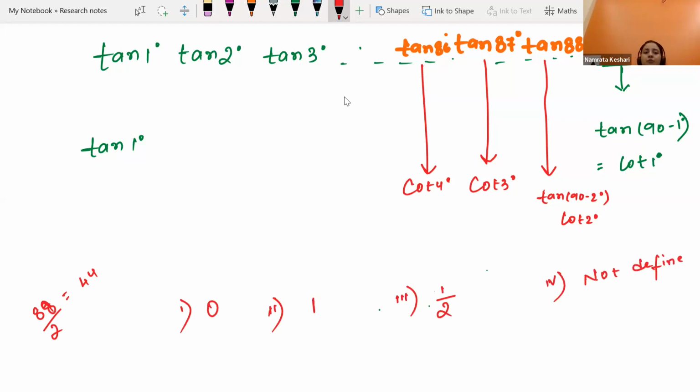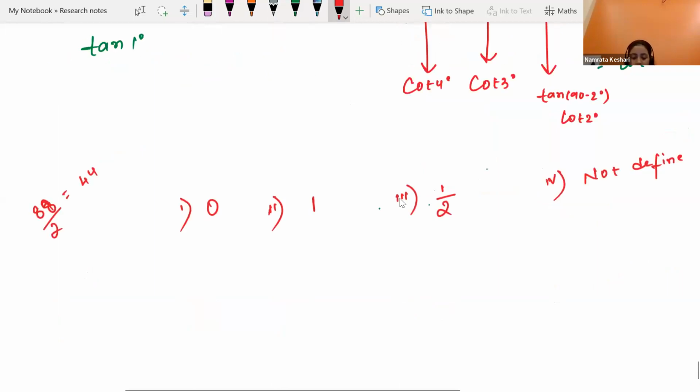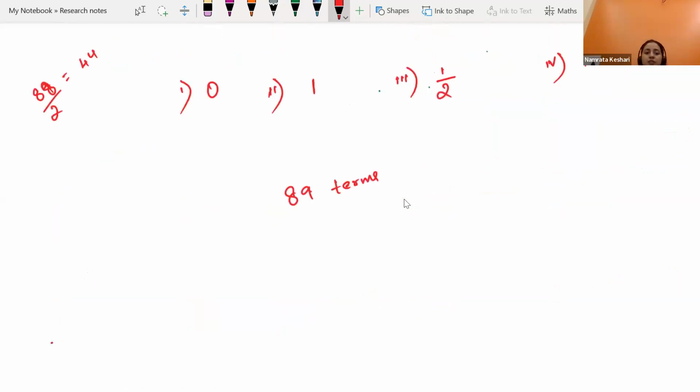See, from 1 to 89, this many terms are there, right? That means total 89 terms are there, right? That means the first half and last half will cancel each other, of course. 89 terms are there.